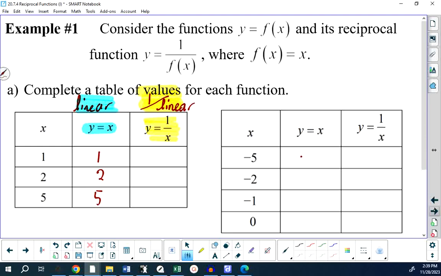This would be -5, -2, -1, and 0. So now let's do the reciprocals. We're doing reciprocals of points right now, not of the whole graph. So this would be 1, this would be 1/2, this would be 1/5, this would be -1/5, -1/2, -1, and then undefined.